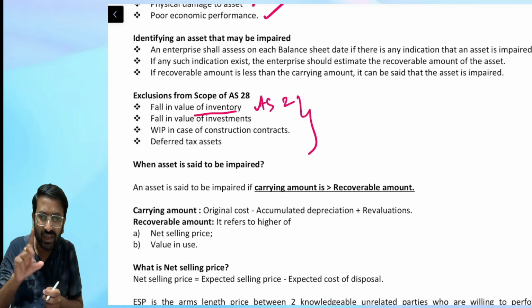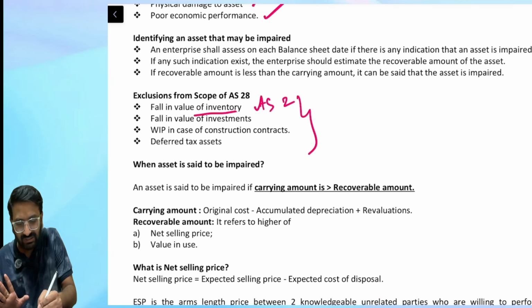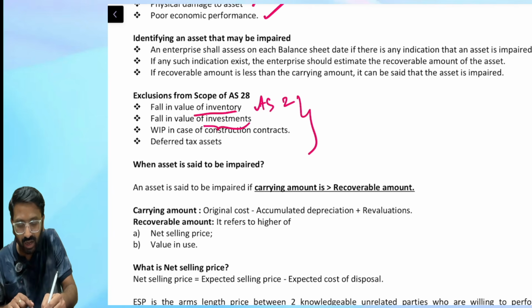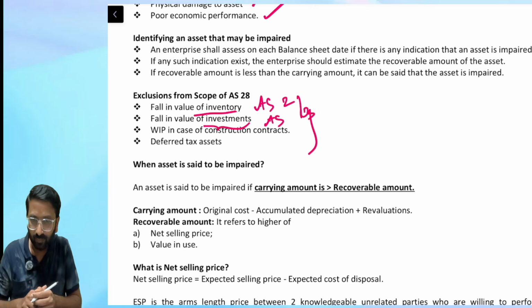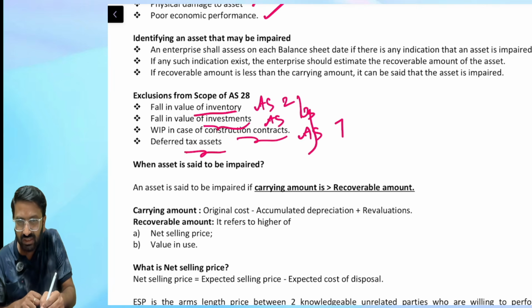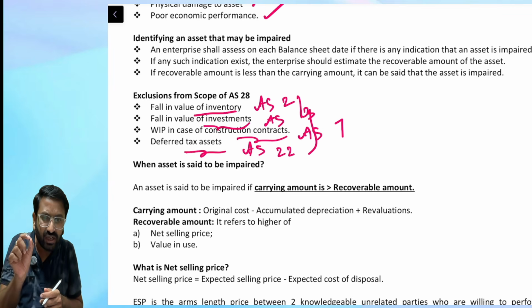So AS 28 does not deal with inventory. Same way, if there is a fall in the value of investment, that will be dealt under accounting standard 13. Any construction contract will be covered under accounting standard 7, and deferred tax asset is covered under accounting standard 22. And these items are specifically excluded from the scope of AS 28.